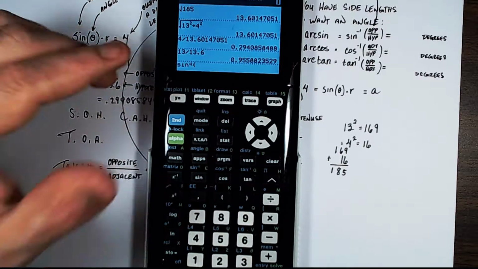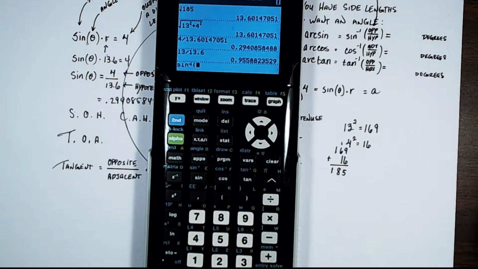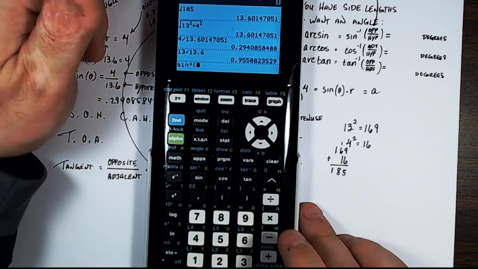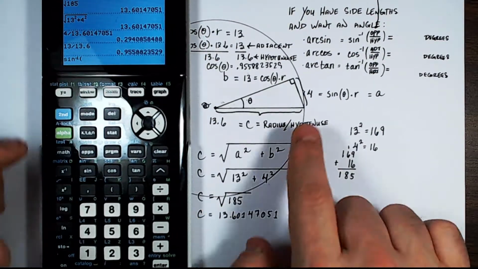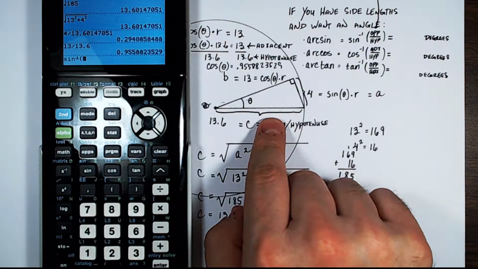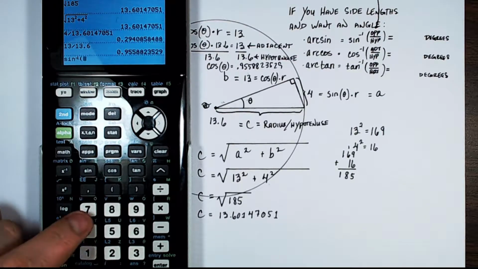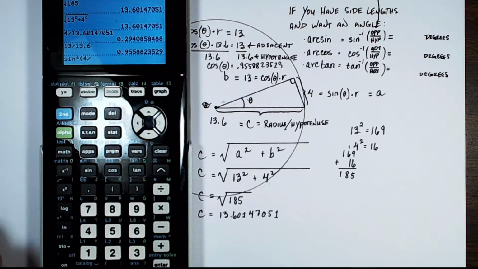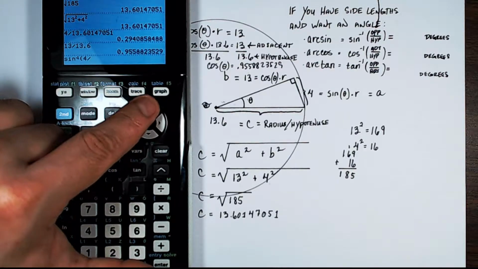Now that's a function. Open parentheses, feed me arguments. What it wants you to feed it is the opposite side length over the hypotenuse length. So we're going to feed it the opposite side length divided by 13.6. I'm going to go ahead and use that value we found using the Pythagorean theorem.